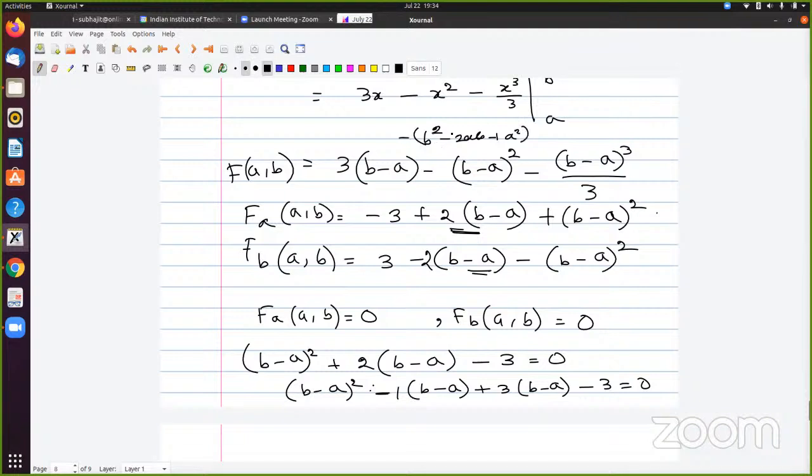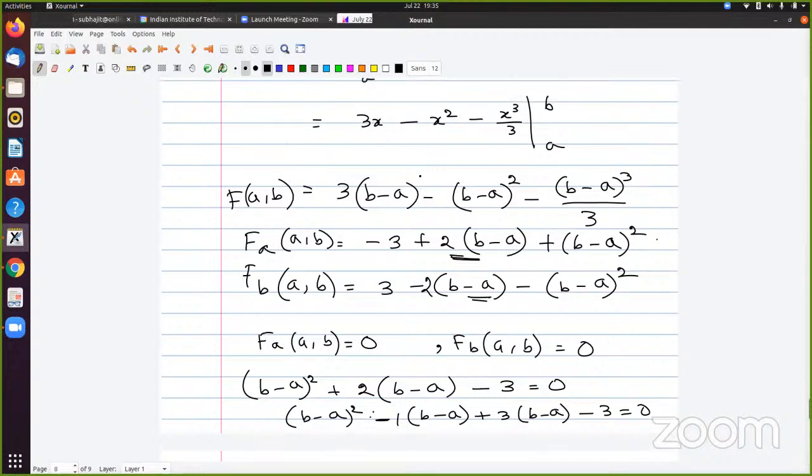If we take the derivative with respect to a, this will be 0, this will be plus 2b, which I have written, and this is minus 2a. So this will be same, right? Yeah, I mean, this should be correct. I don't know where it is going wrong. Okay, I will check later and see.